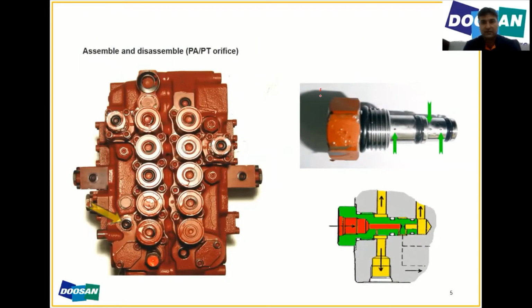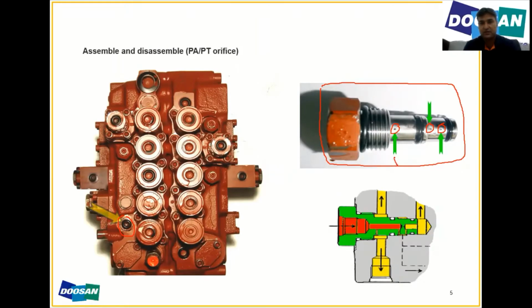Now this is the PA-PT orifice. Its location on the MCV is this one. What is the function of the PA-PT orifice? Actually, here we have 3 orifices, 1, 2, and 3, for different functions.